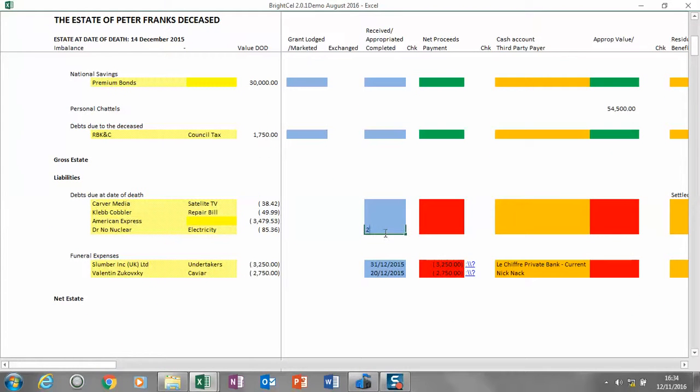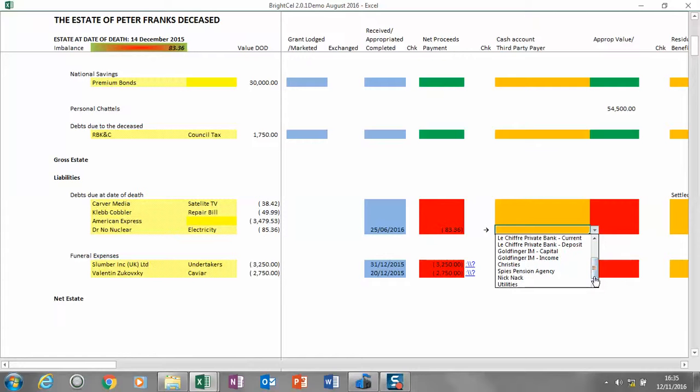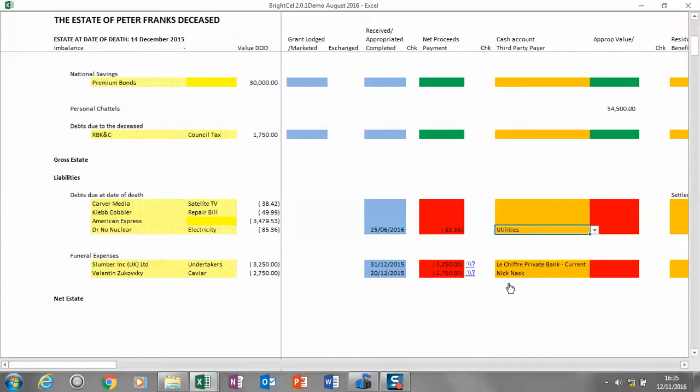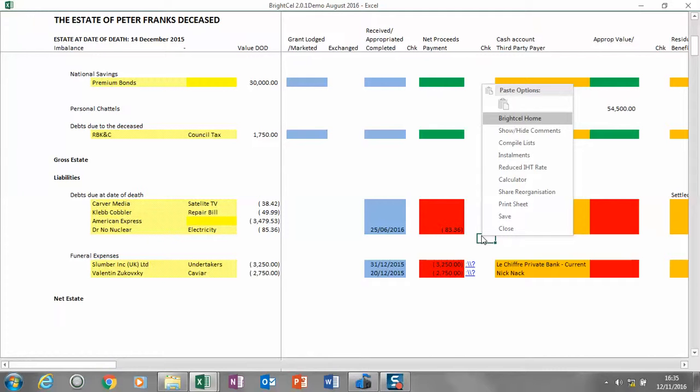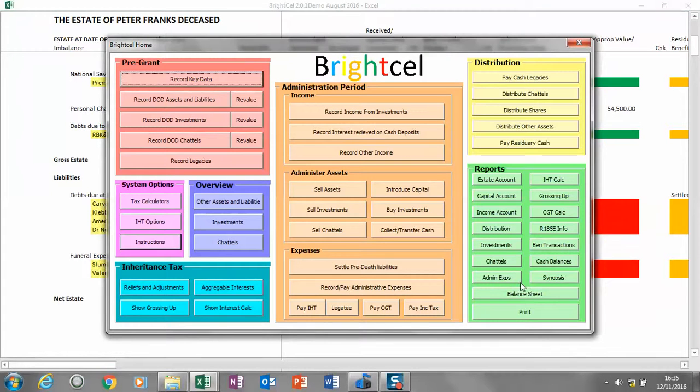Let's have 25th June 16, minus £83.36. 30, yeah, 30.6, and the account from which we're paying, there it is again, utilities. So according to the system then, all of this has been, according to the basic principles, everything has been paid. Let's have a look at the balance sheet.